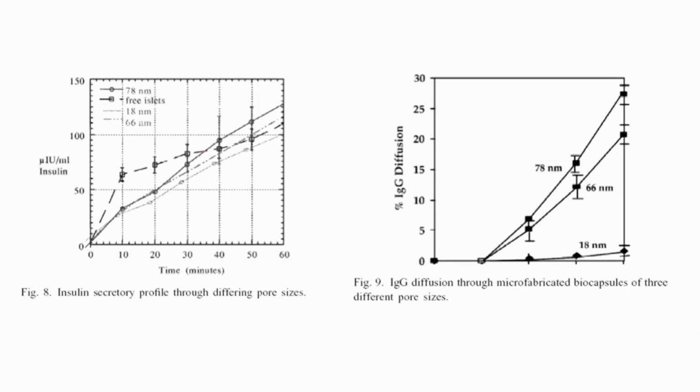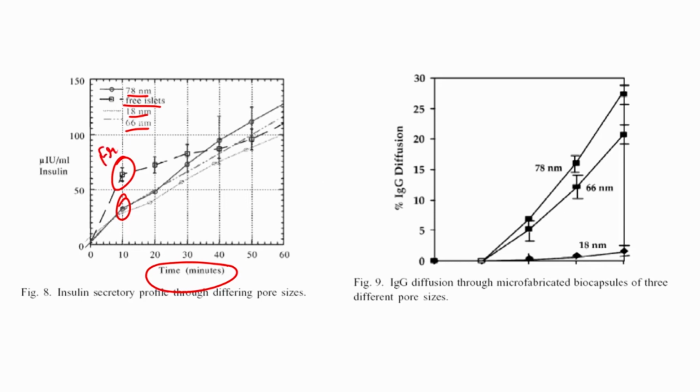So, you have free islets, and you are looking at the diffusion of insulin out from this device. You have free islets and different pore size devices, and what you find is that the diffusion of the islet is fairly equal for a longer duration. Obviously, free islets do very well compared with the rest of them.